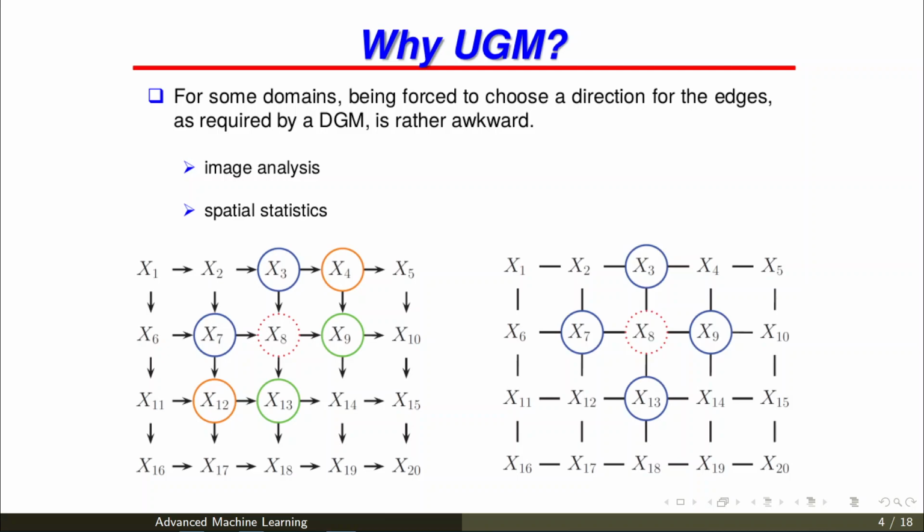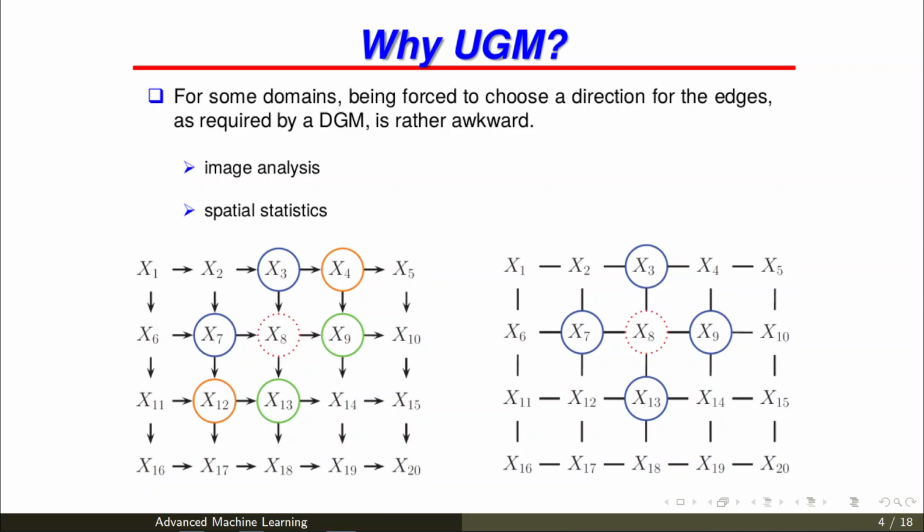This is the easiest example. Let's think about random variables in a graph constructed out of the pixels of an image. Let's say this is an image, and x1, x2, x3 are the pixels of the image. So we construct a graph out of these random variables, which are pixels in an image.